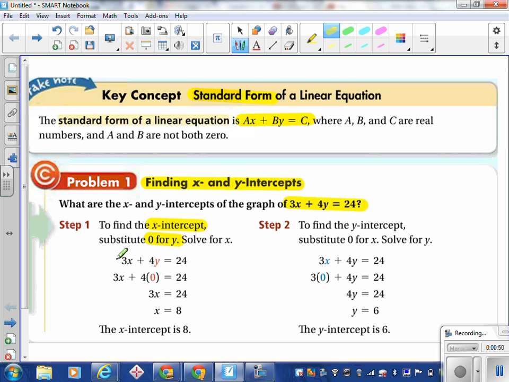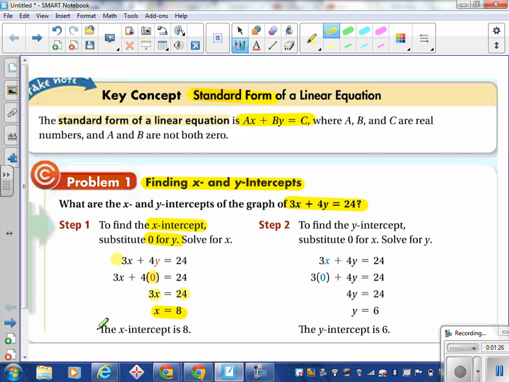So we have 3x plus 4 times 0 equals 24. 4 times 0 is 0, so you're left with 3x equals 24. In order to get x by itself, you can divide both sides by 3, and you end up with x equals 8.